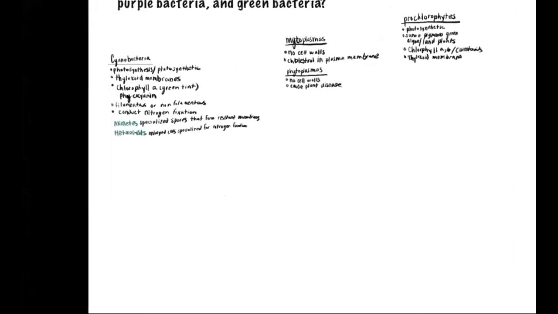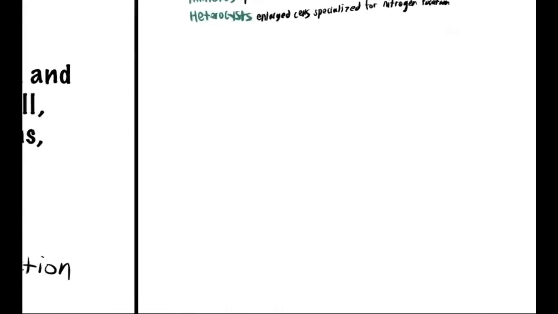The next type of bacteria is the purple and green bacteria. So purple bacteria are photosynthetic.